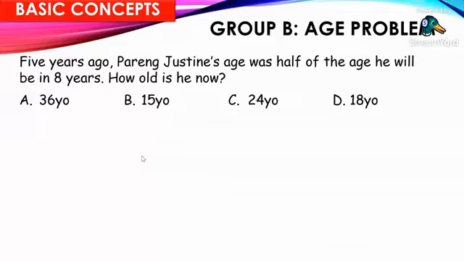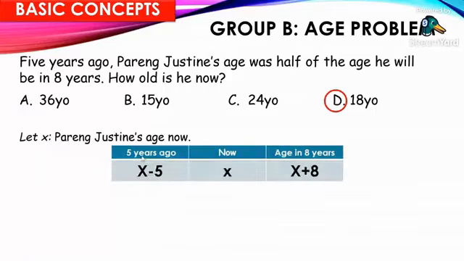So if we are going to represent this, okay, ang current age niya is X. Now, his age now. And 5 years ago, his age is X minus 5. In the future, after 8 years, his age would be X plus 8.